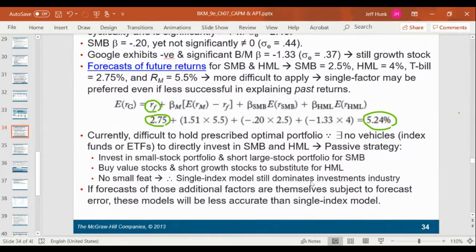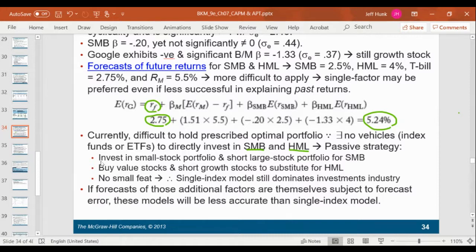This is the data that Fama and French have collected. But there is no vehicle to observe these variables and invest in a small stock portfolio.